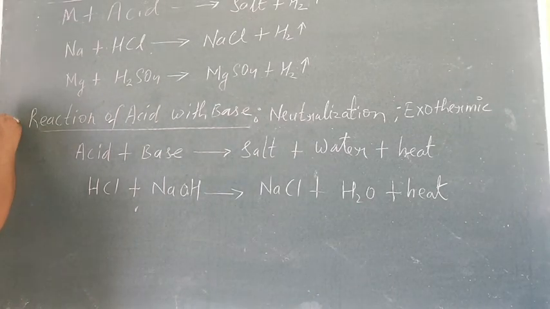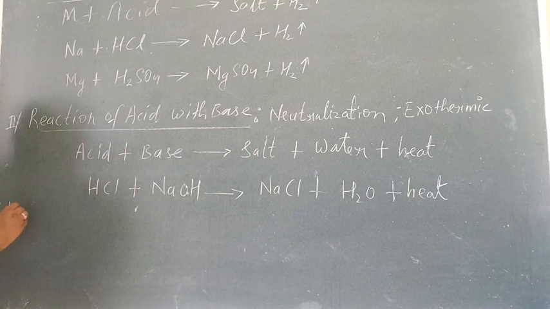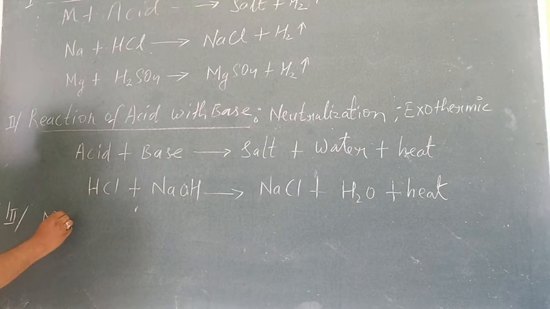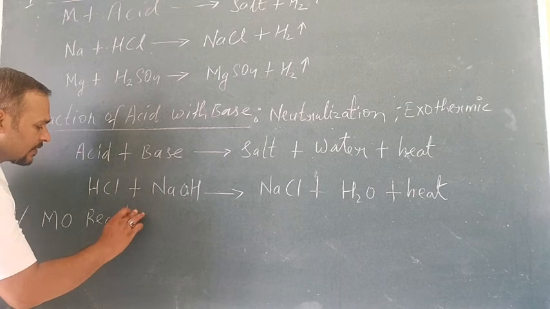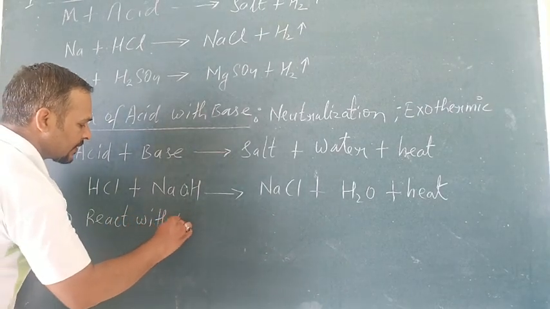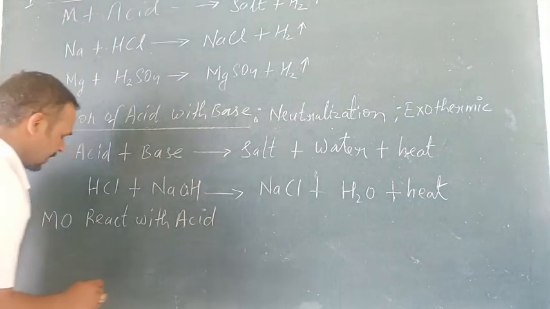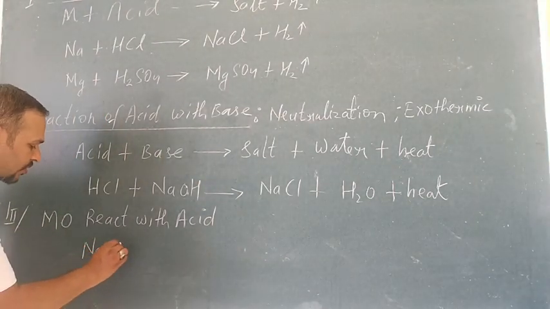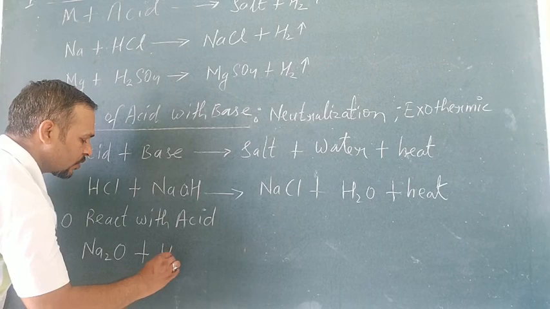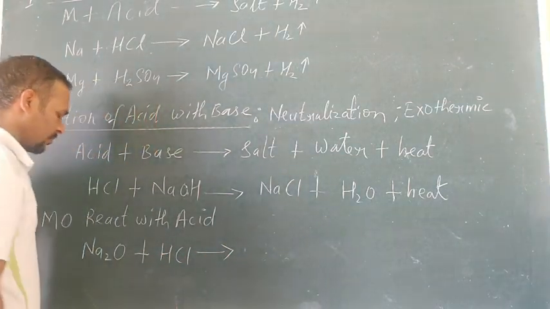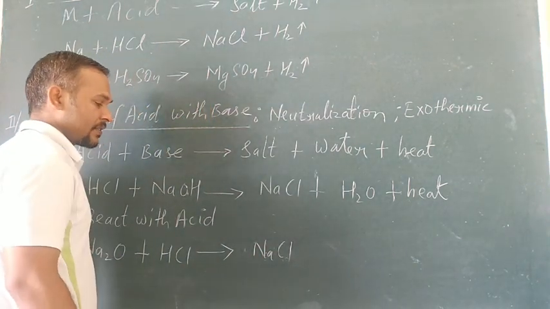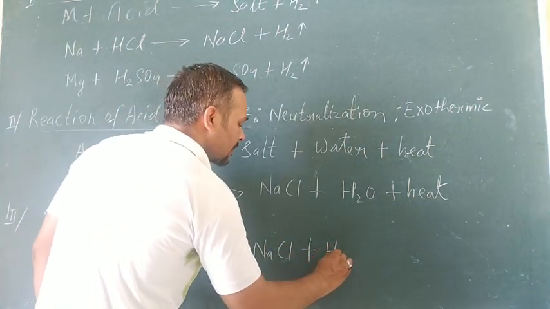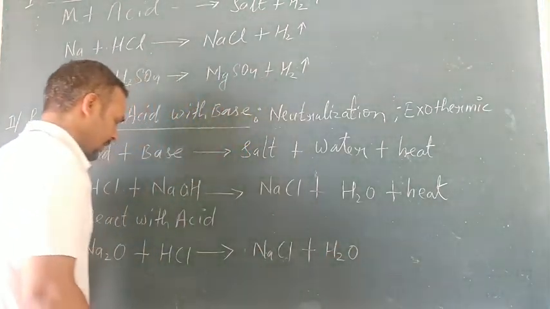Now, the third reaction we are going to see is what happens when metallic oxide reacts with acid. For example, sodium oxide reacts with hydrochloric acid and forms sodium chloride and water.